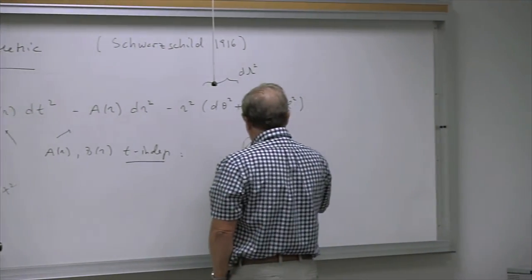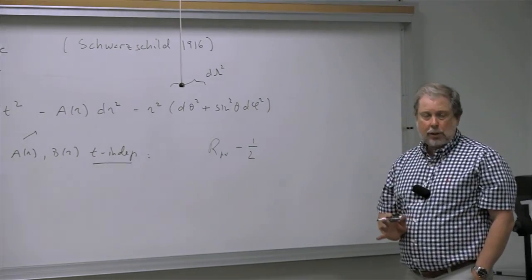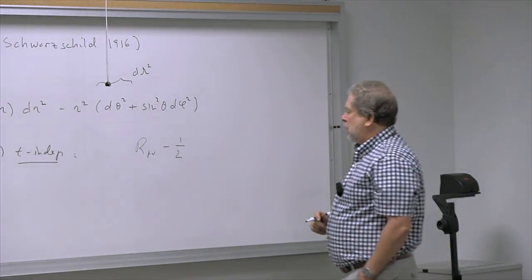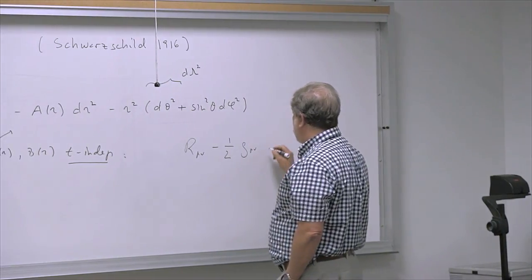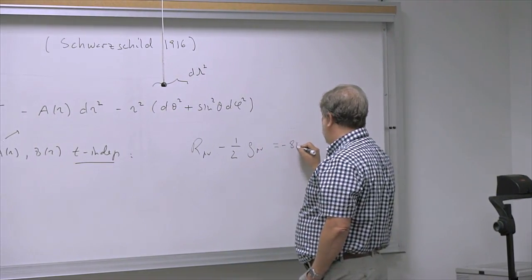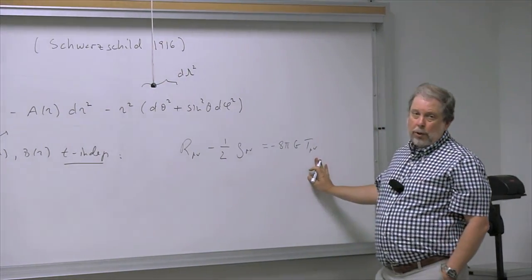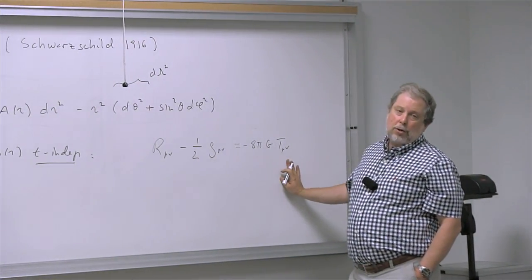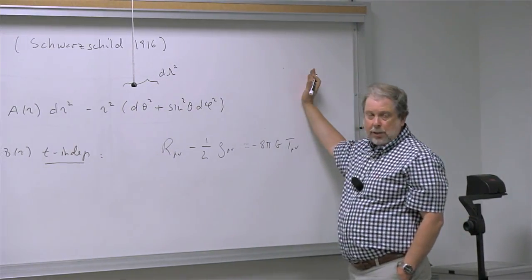Well, we do have R mu nu minus a half g mu nu. Remember, the cosmological constant term for now is 0 because on solar system scales it's kind of irrelevant. And so we are going to solve R mu nu minus a half g mu nu R is equal to minus 8 pi G times T mu nu. But we are going to deal with a point source at the origin. Right? So this delta function here, and then everywhere else it's 0.